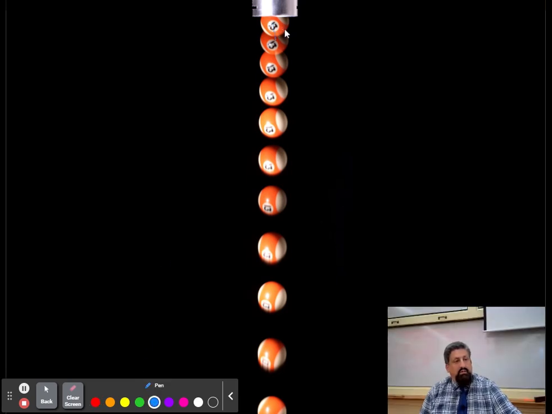From one point to the next, even though each time interval is the same, each distance, each displacement is longer than the last. That's the pattern we see. The pattern we see is that a falling object speeds up at a constant rate as it falls.